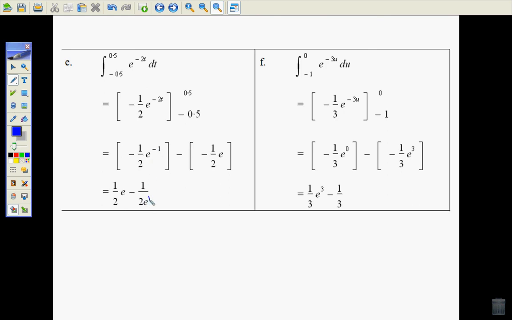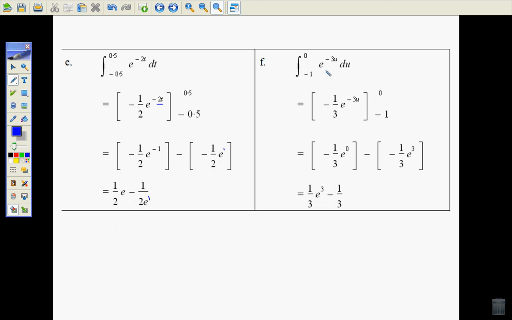Then this is going to be minus a half of e to the power of 1 now, because when you put minus a half in to that part, it gives you positive 1. So that's why it gives you a positive a half e, which we're going to leave out the front there.